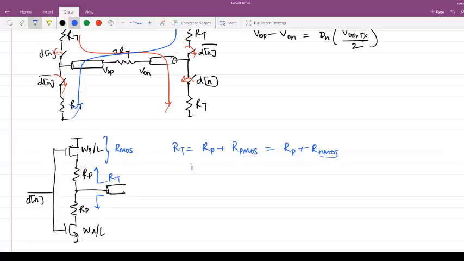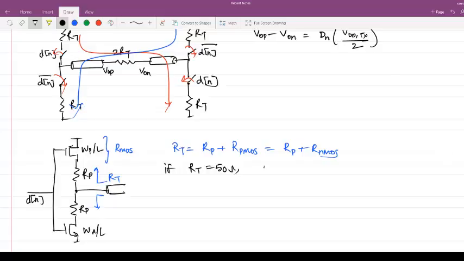Now if RT is equal to 50 ohm as desired, how should we split RP and RMOS?